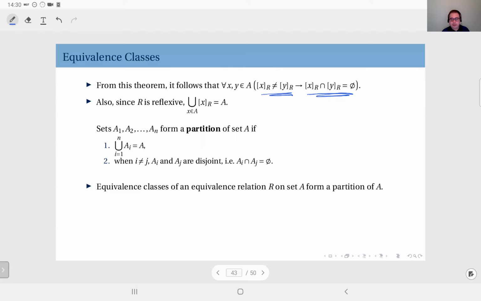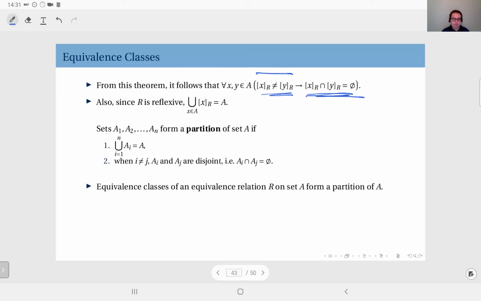If that is not the case, then they cannot have one single common element. So the intersection should be empty. Also, since R is reflexive, when I unite all the equivalence classes, I will have all the elements inside A, right? Because every element is related to itself, so every element is in at least one of those equivalence classes. So when I unite them, I will have the entire set.